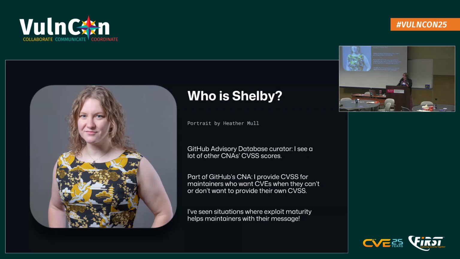So I find myself having to score a lot of CVSSs for a lot of other people's products, and I have to consider what have other CNAs done, what would the maintainer want, what does the downstream consumer want to see. So these are all things I have to take into account whenever I'm doing a CVSS score. And I've seen situations where exploit maturity helps maintainers get their message across about how serious a particular vulnerability is, which is why I like exploit maturity.